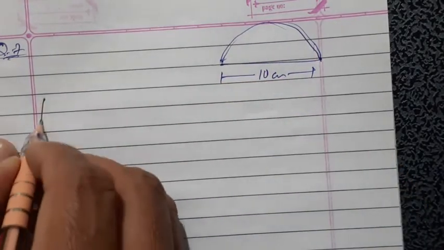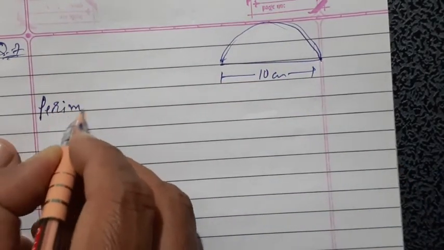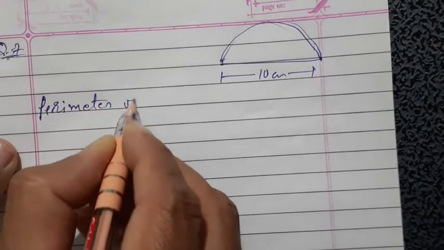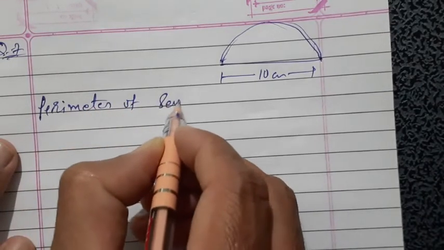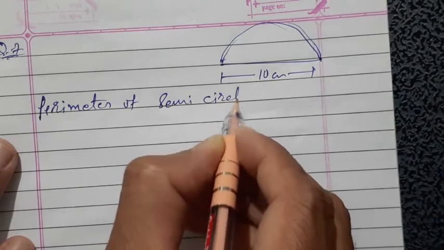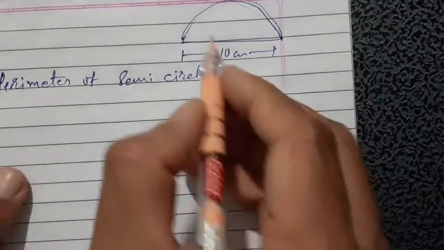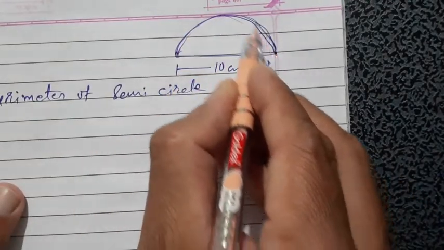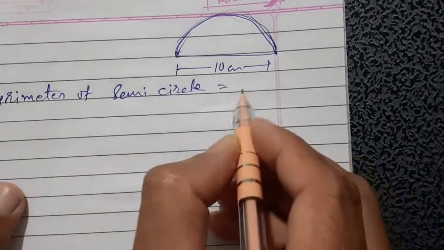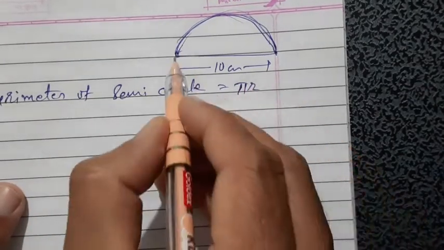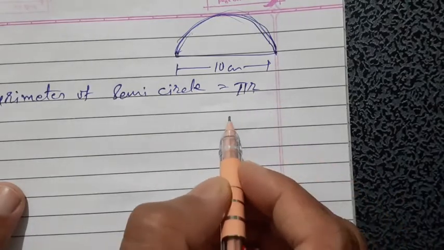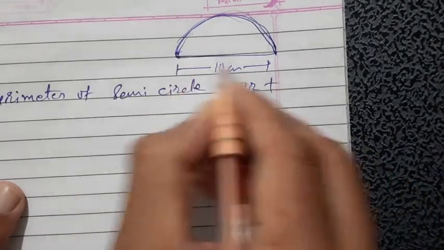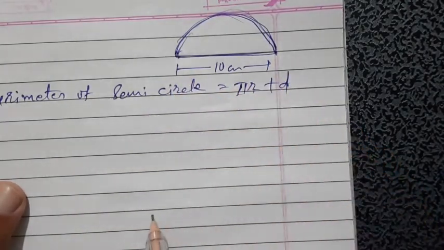So we know the perimeter of a semicircle equals this one. Half circle is there, so the perimeter of the half circle is pi r plus diameter d, that is the formula we know.